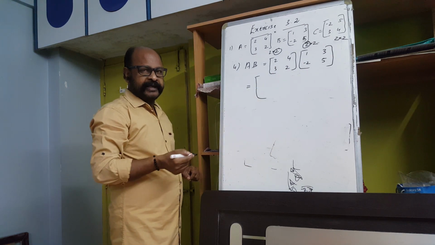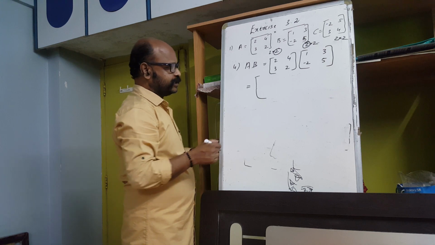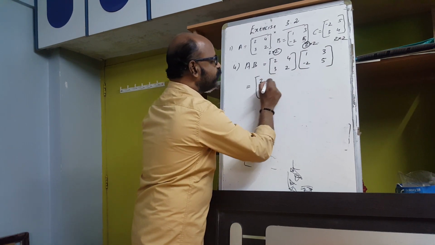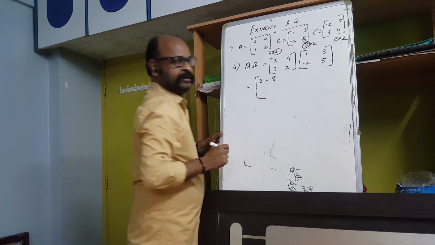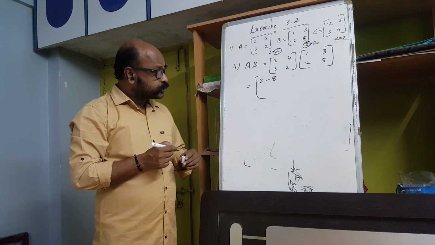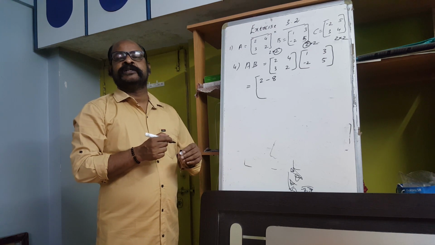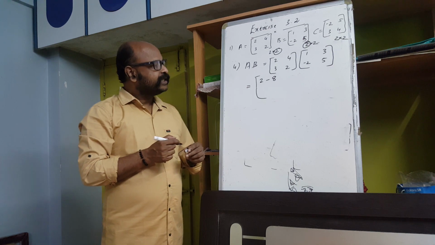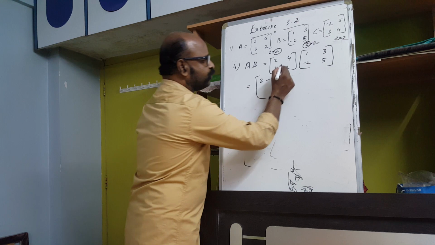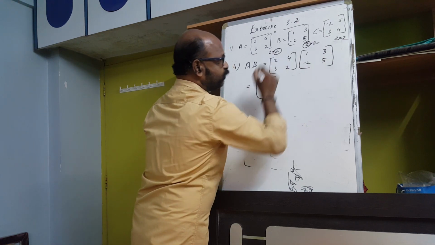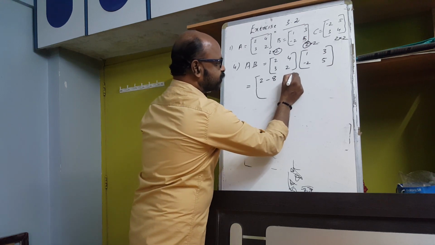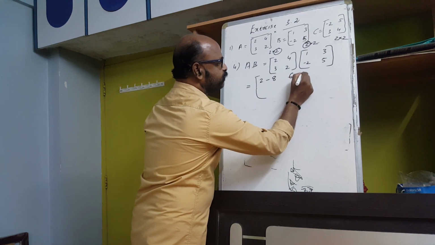Thereafter multiplying the corresponding elements, that is 2 into 1, 2, 4 into minus 2, that is minus 8. The products are to be added. So first row, first column, multiplying the corresponding elements, and thereafter the products are added. Then first row into second column: 2 into 3, that is 6, 4 into 5, that is 20.